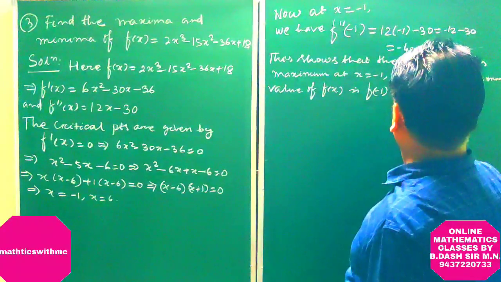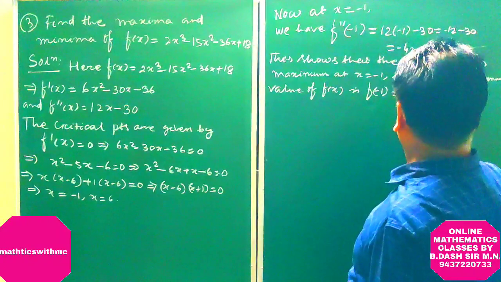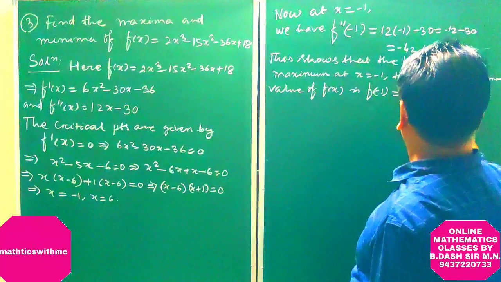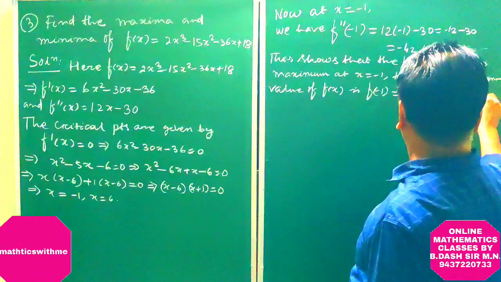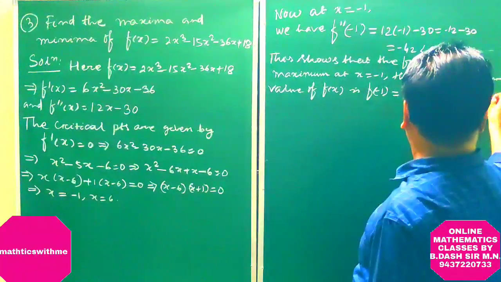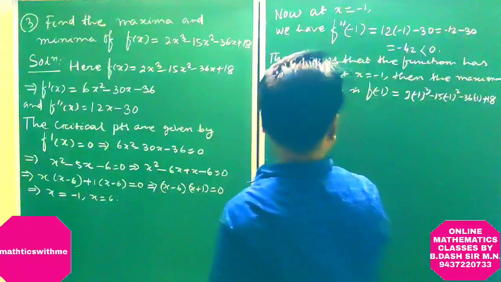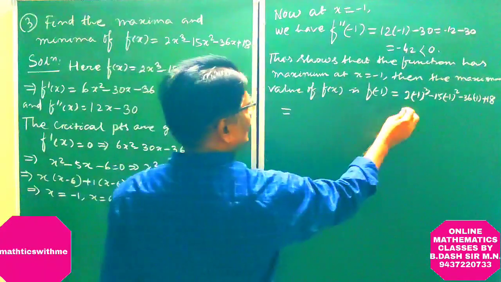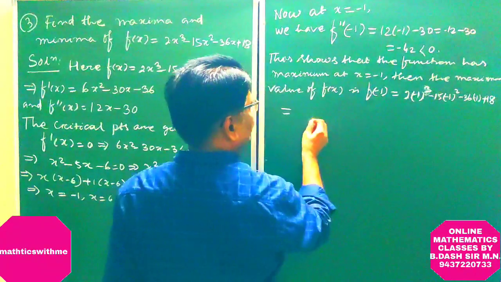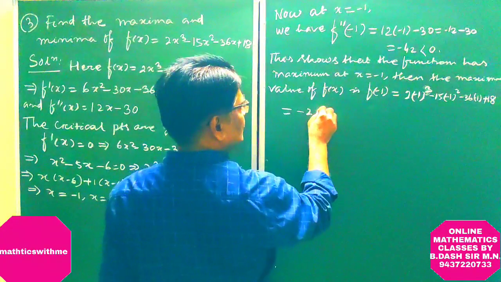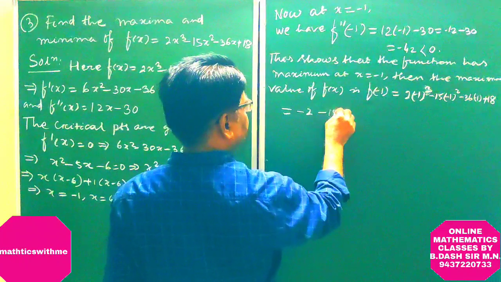2 into minus 1 cube minus 15 into minus 1 square minus 36 into minus 1 plus 18 is equal to 2 into minus 1 cube. This is equal to minus 2. This is minus 15.